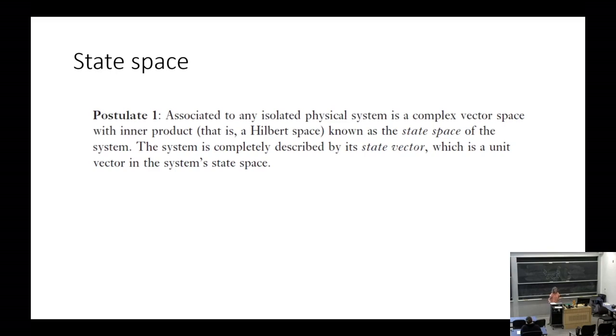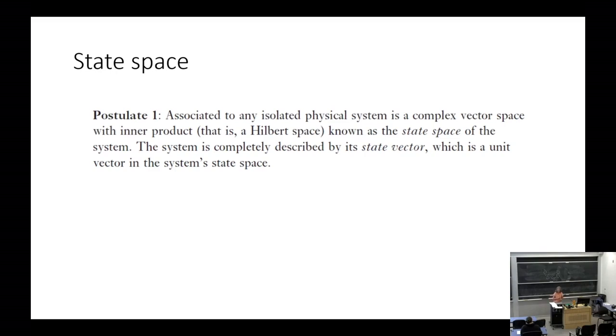Postulate 1 says that associated to any isolated physical system is a complex vector space with an inner product, that is, our Hilbert space, and we call that the state space of the system. And the system is completely described by the state vector, which is a unit vector in the system's state space.